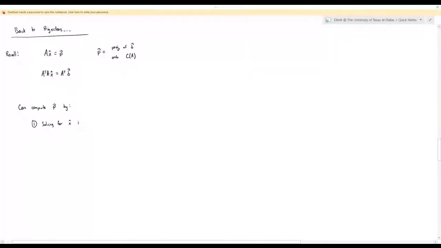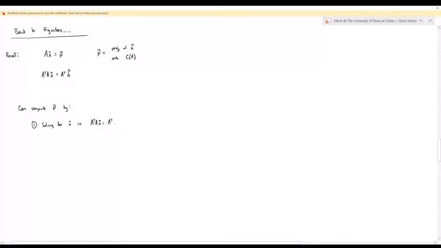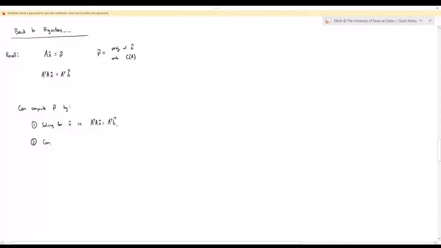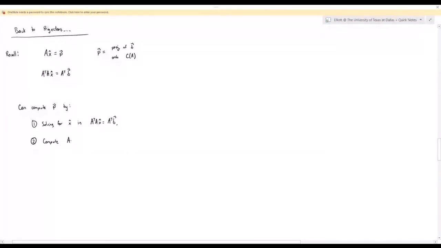If you solve for x hat in the equation A transpose A x hat equals A transpose B, then once you solve for the least squares solution, you can just take what you found for x hat and multiply it by A, and that product would then give you the projection vector. I secretly did that in the first example when I was computing the error vector. If you go back and look at that, I actually already did this.